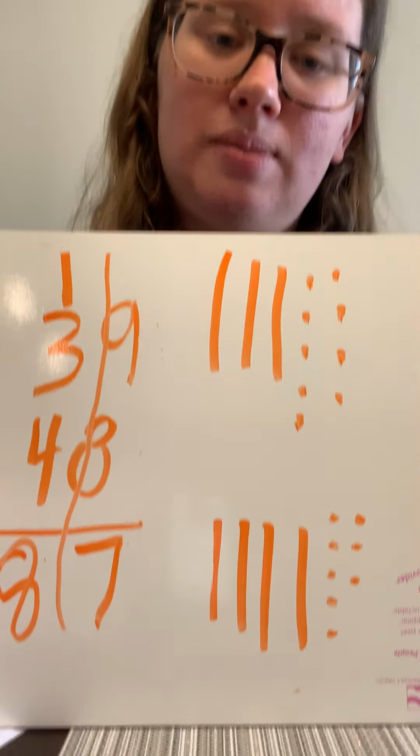The blue album has 32 more photos. So if the blue album has more than the red album, that means that the red album has less. So my number is going to be smaller for my red album.